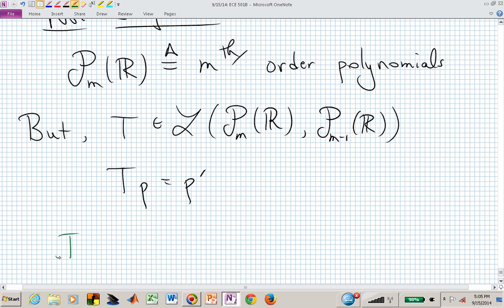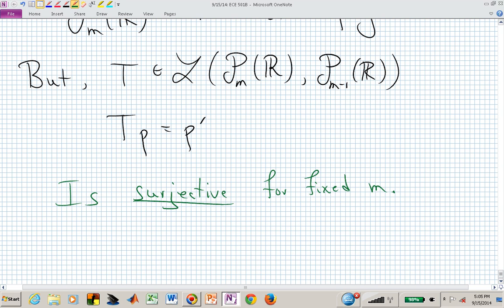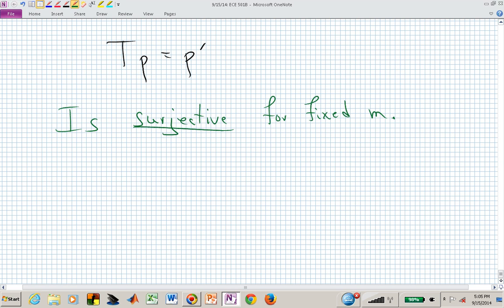This one is surjective, isn't it? Meaning this idea of a surjective map is heavily dependent on the domain and the codomain, the choice of those. Let's draw some pictures.